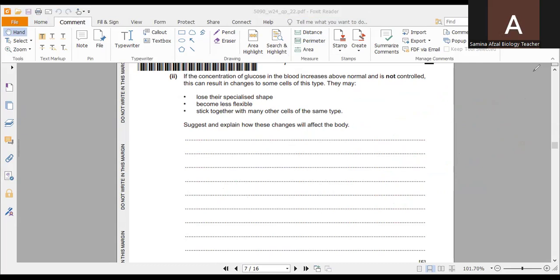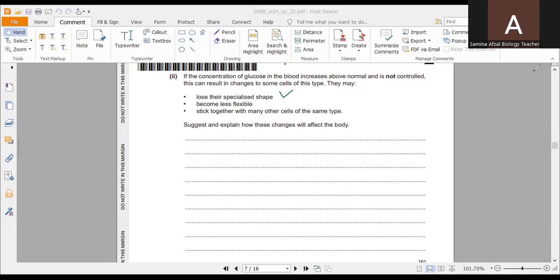Suggest and explain how these changes will affect the body. So, first of all, I will explain the question. They lose their specialized shape. Many blood cells have specific shapes that are crucial for their function.